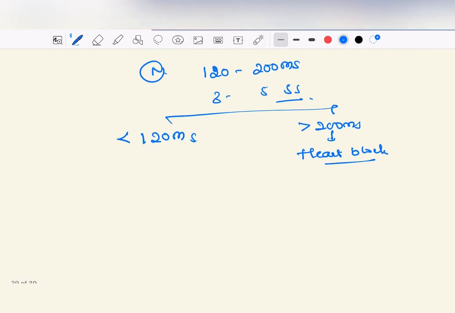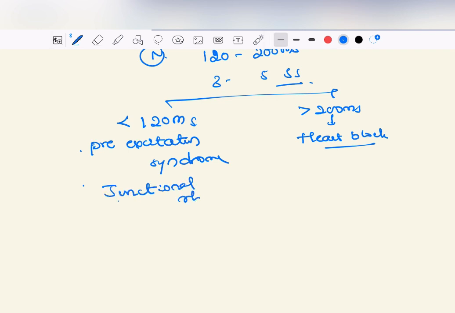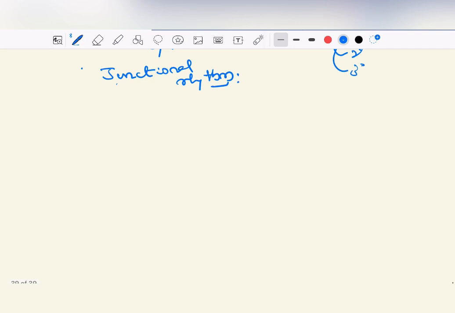And if the PR interval is less than 120 milliseconds, a short PR interval, it's seen in pre-excitation syndromes and junctional rhythm. Let's see them one by one with ECGs.